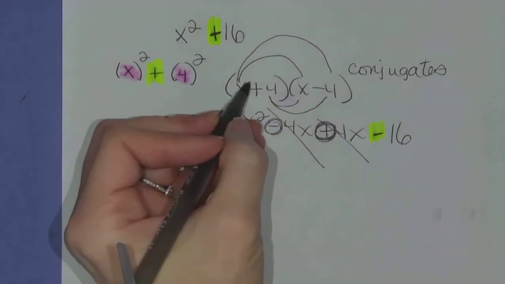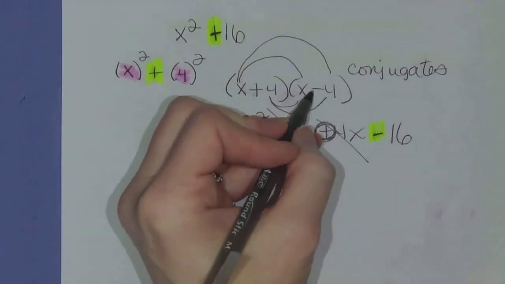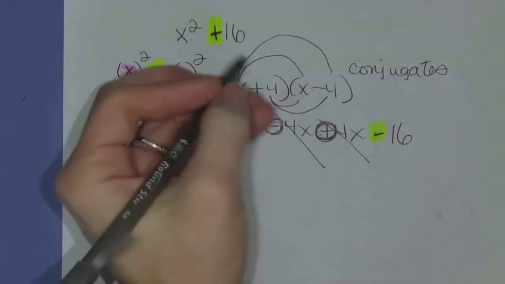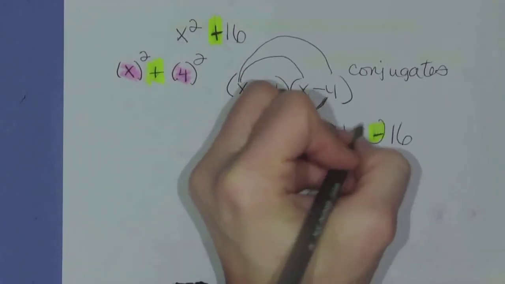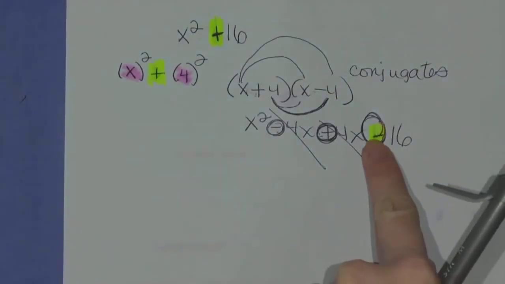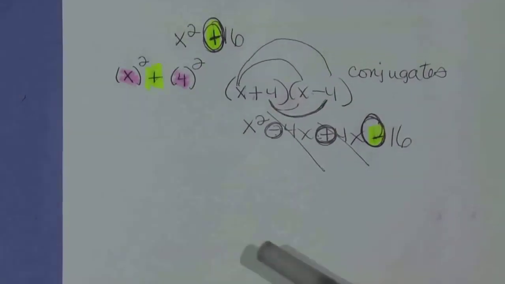Well, if one has to be positive and one has to be negative to make this happen, then when you multiply them together, this will always be a minus. It can never be a plus.